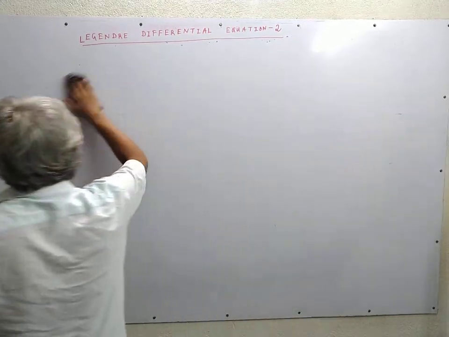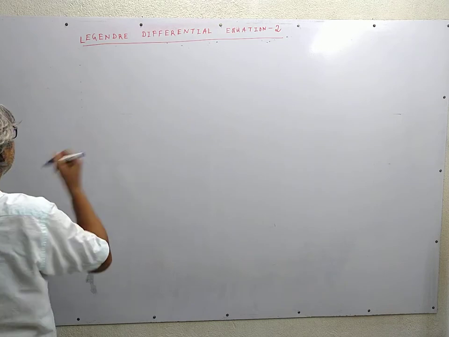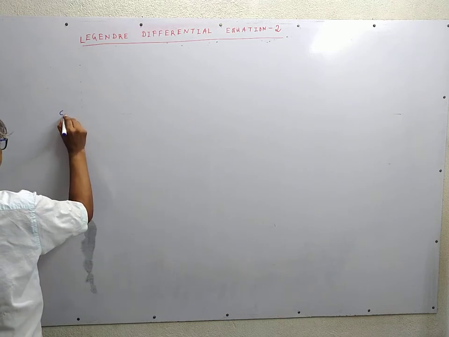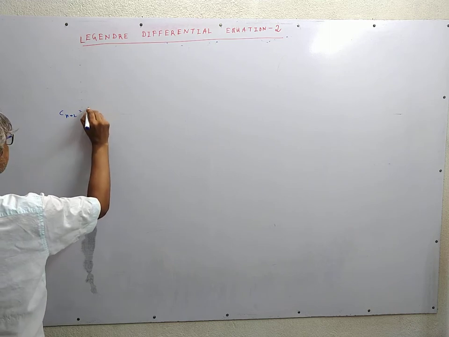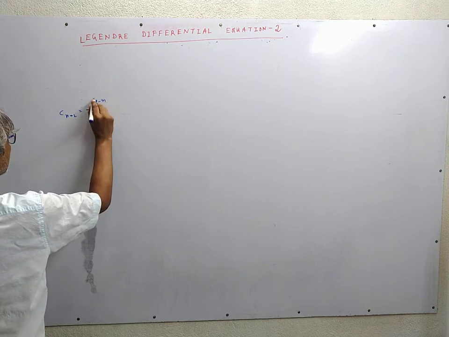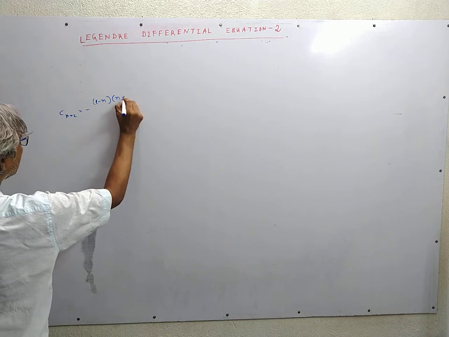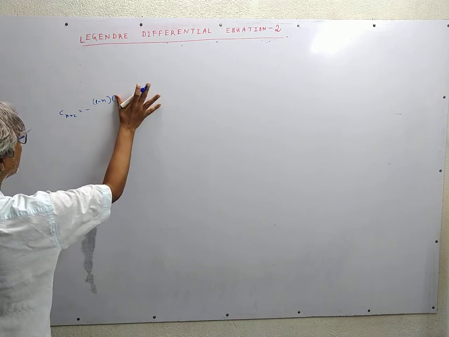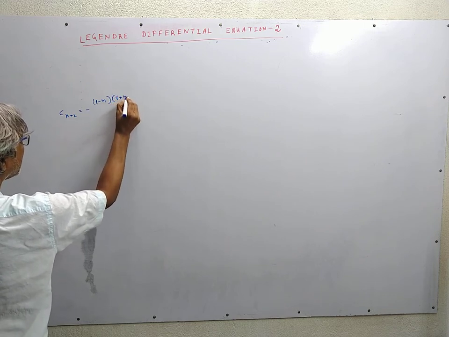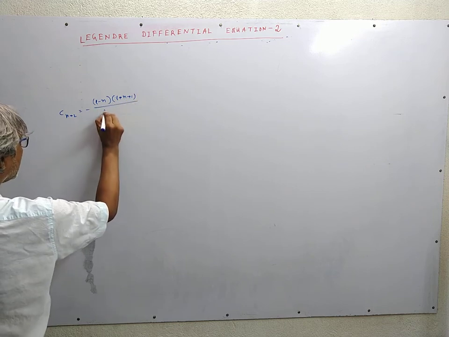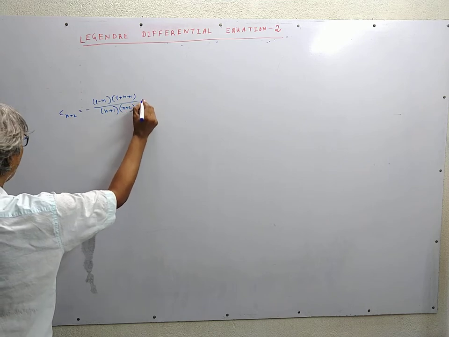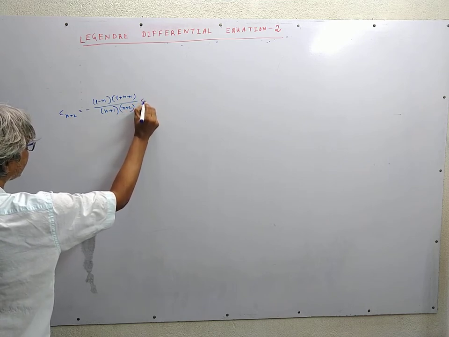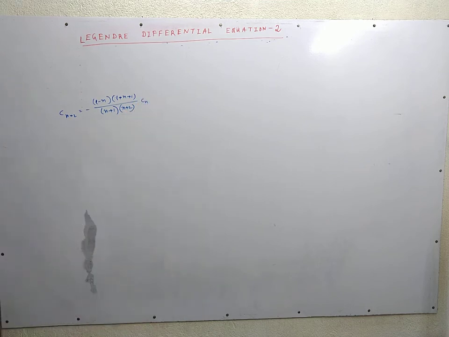To this end, we first rewrite this expression. This recurrence relation was, this is the recurrence relation with alpha is equal to L into L plus 1.